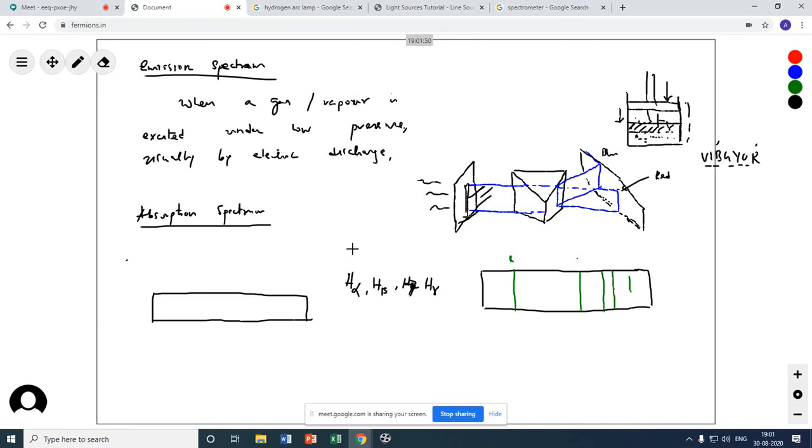And the intensity becomes more. And intensity also becomes more faint. More faint.